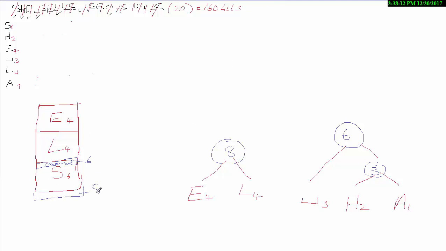So that goes here, and I remove the items that I have just joined from the queue. So they've now gone. You might want to just cross them out if you're doing this on paper. So now we need to join those two together.